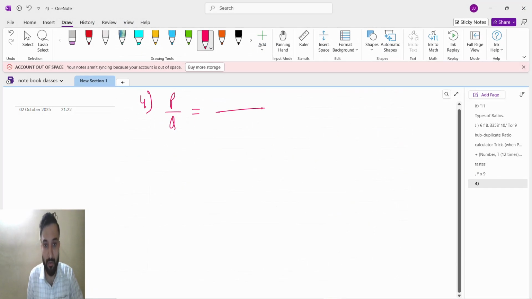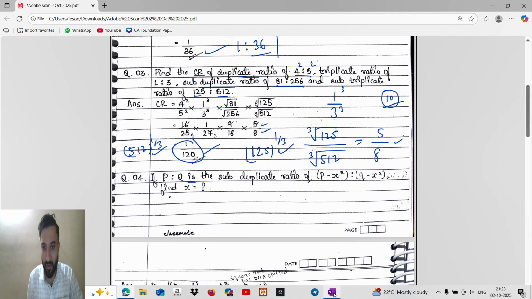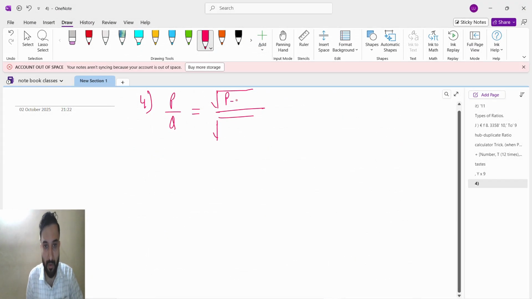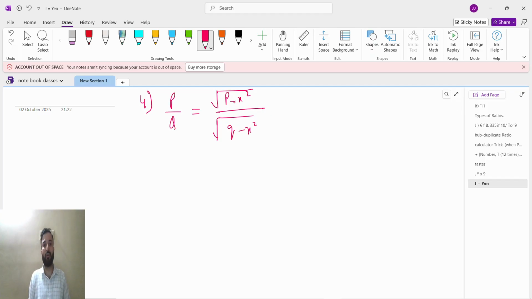So the subduplicate ratio means the square root, right? The subduplicate ratio of the numerator P minus x square and the denominator Q minus x square. Because subduplicate means we will write like this.